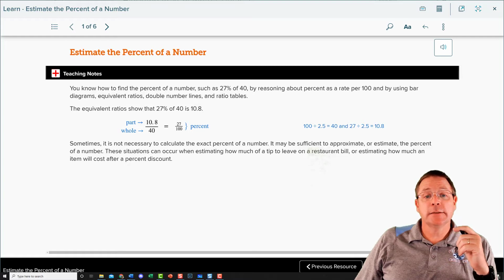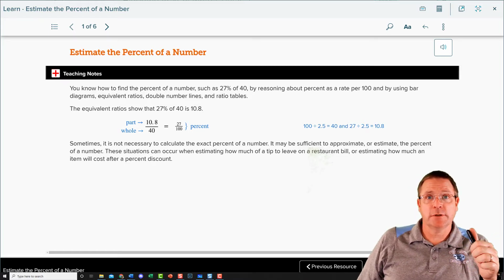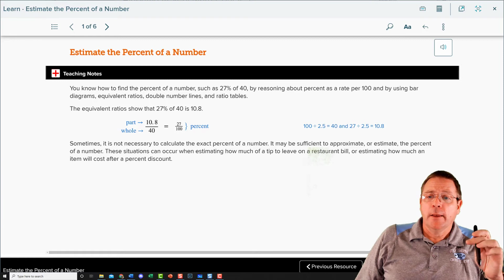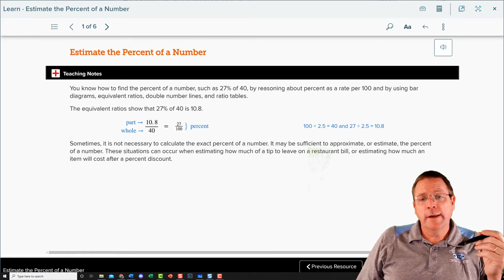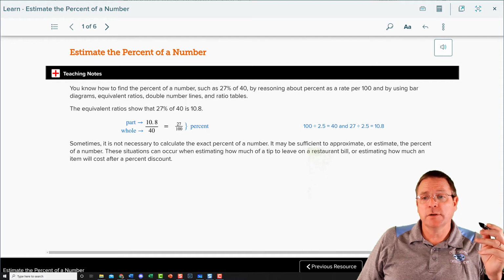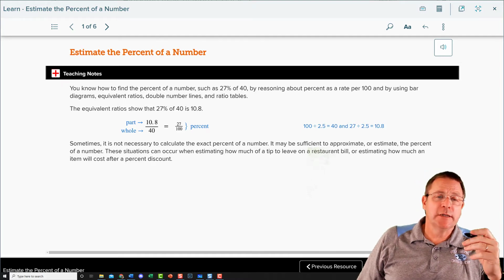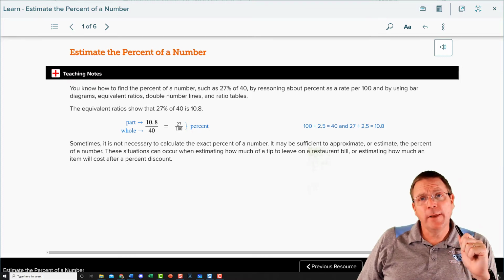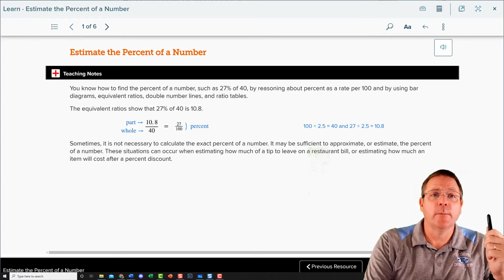Sometimes it's not necessary to calculate that exact percent. All right? The 10.8 took a lot of work, and do we always have to have that exact number? Some examples of places where you won't need the exact number, maybe be estimating the tip you're going to leave for a restaurant bill, how much money you're going to save when you go shopping on a percent discount, or how many people they can expect to see in that scary movie.